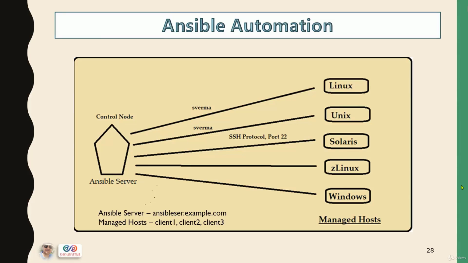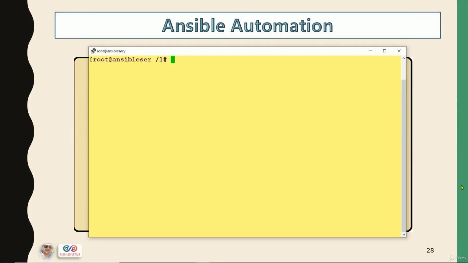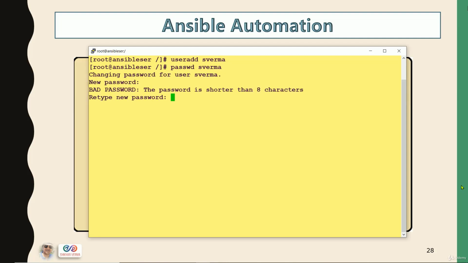Let me log in into my Ansible server and create a normal user. So I have just created a user S Verma on my Ansible server. Same user I have to create on all my clients.